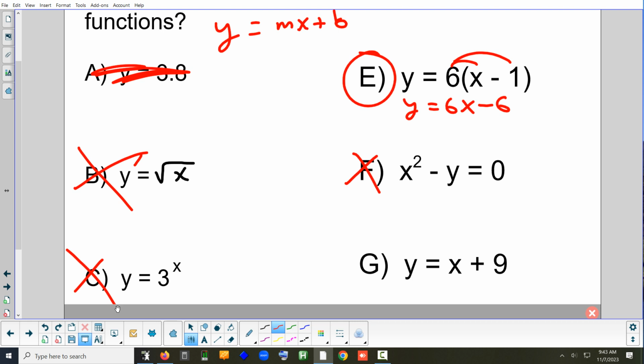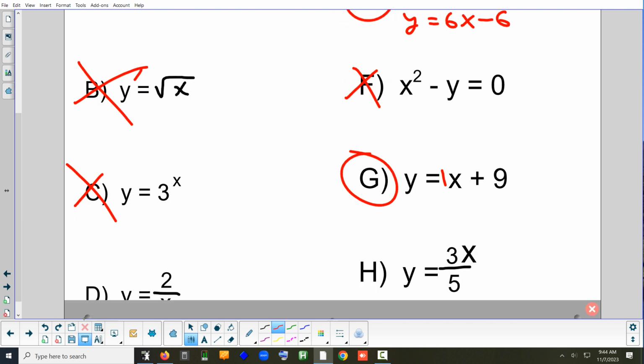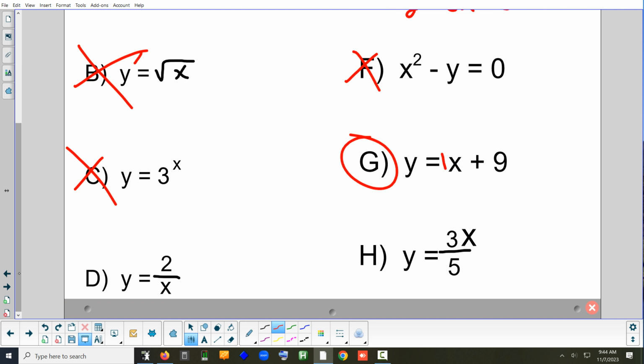Linear. That's linear, right? What number is in front of x even though it's not written? 1. That's exactly y equals mx plus b. So that one's perfect. All right, how about D? Y equals 2 divided by x.